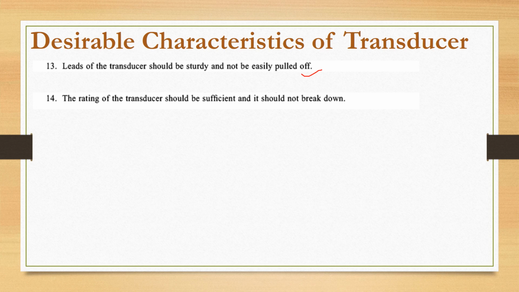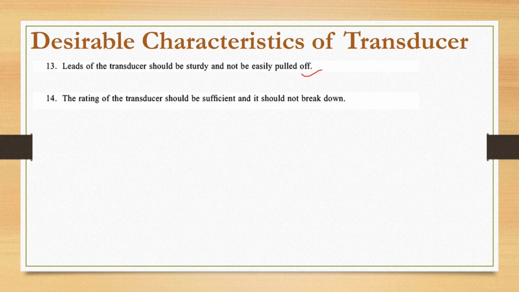Means suppose your temperature is varying between 0 to 100 degrees Celsius. So you should take a transducer that can take a reading of say plus 20 degrees, that it can withstand 120 degrees also, because it is possible that the temperature might overshoot.